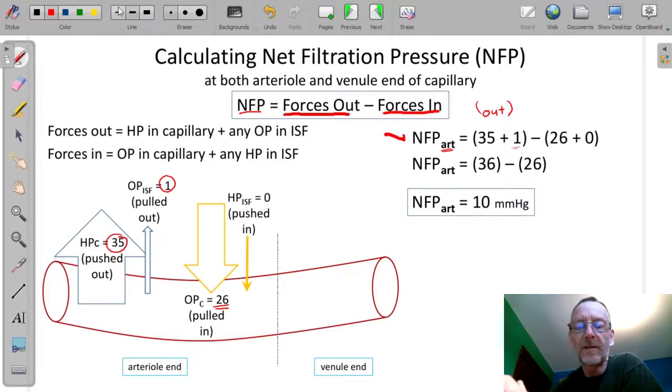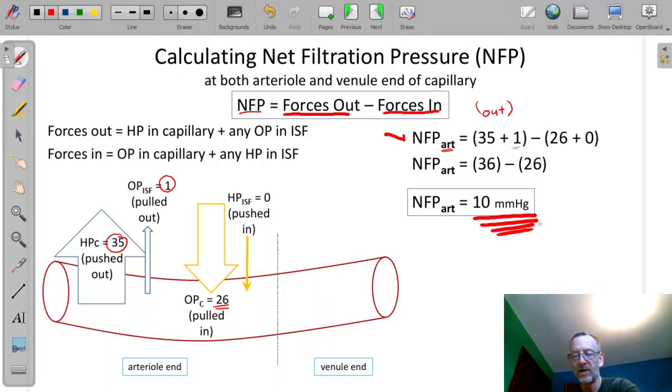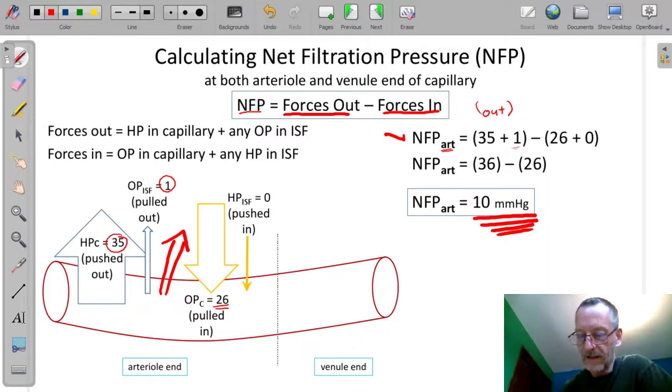The net filtration pressure at the arterial end is 10 millimeters of mercury. So there's more flowing out at the arterial end than is flowing back in. That's the net pressure. More going out than returning. Okay, let's do the venule end in the next slide.